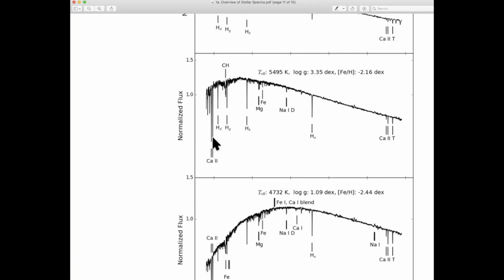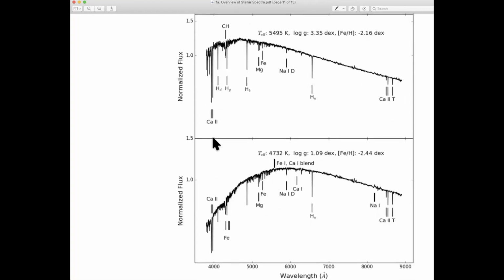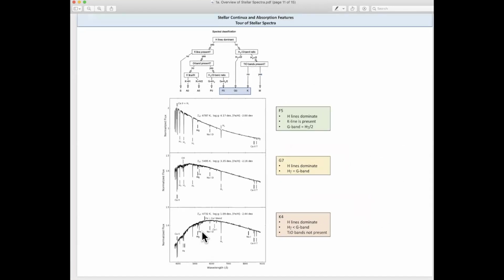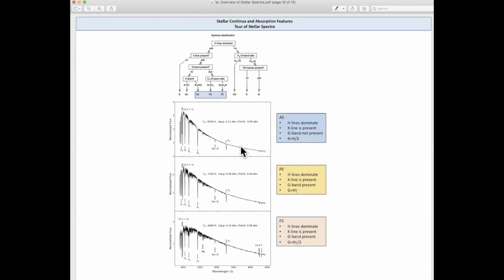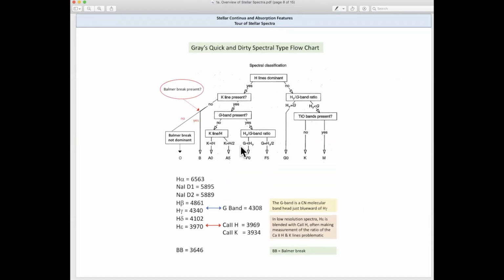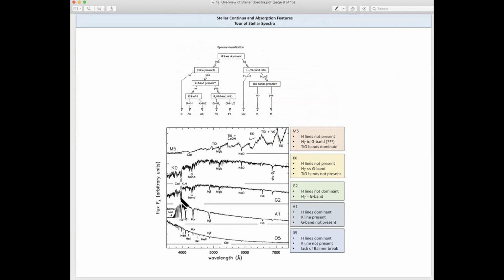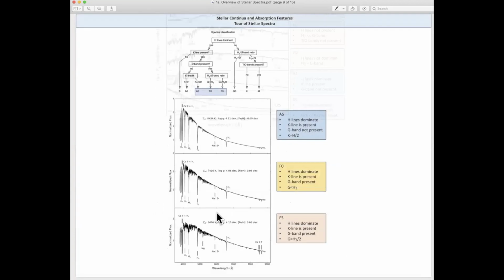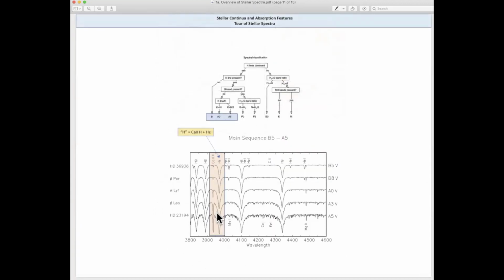He called those D1 and D2 because they were so close. When it came to calcium, he called the blue one K and the red one H. So that's just old Fraunhofer gibberish. Here's an example, calcium K and H. But it's the H line that will blend with the hydrogen epsilon line. They're only within an angstrom of each other.